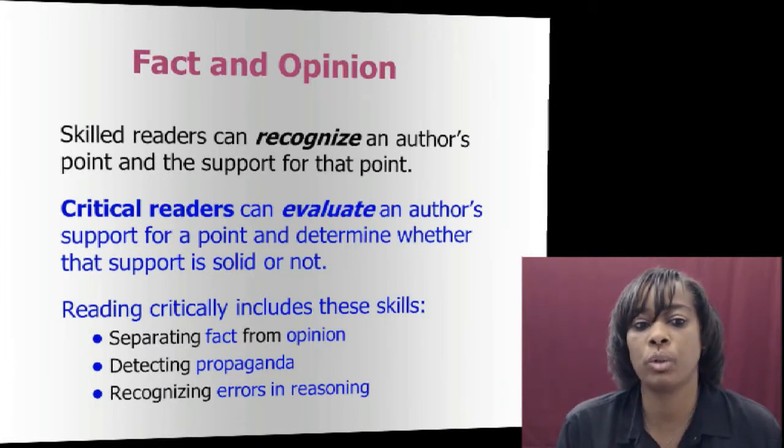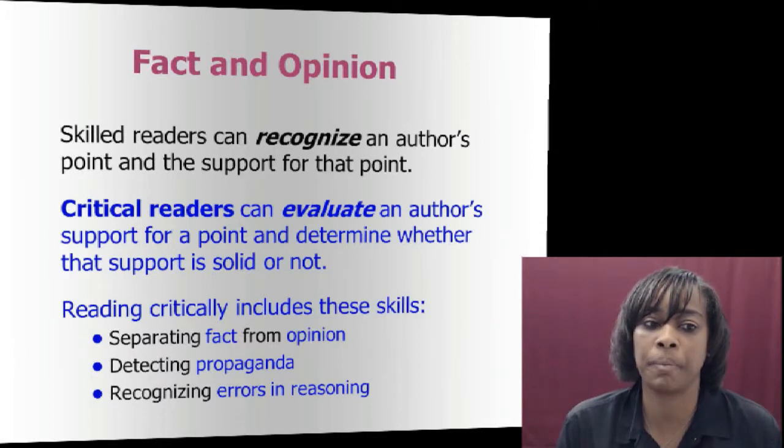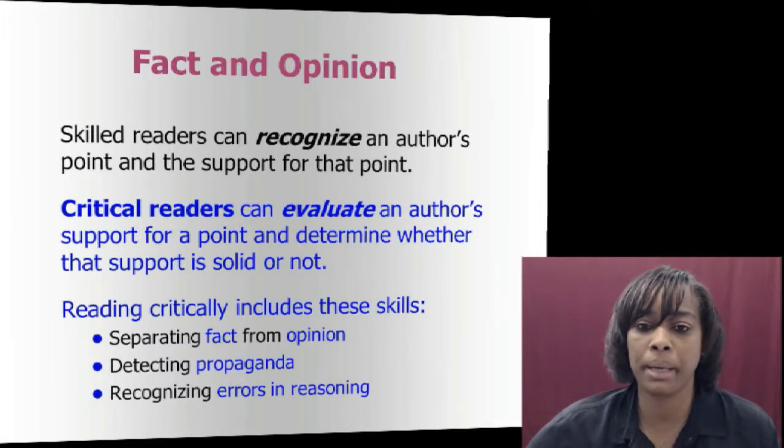So we're going to use fact and opinion to help us become critical readers and critical thinkers. We're going to be able to separate fact from opinion, detect propaganda, and recognize the errors in their reasoning. Okay?